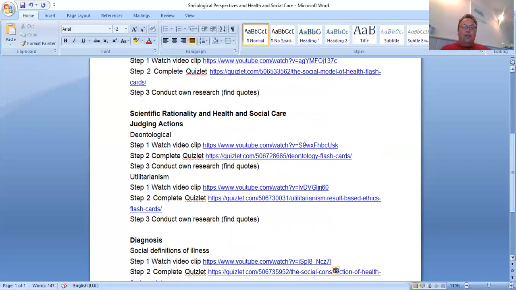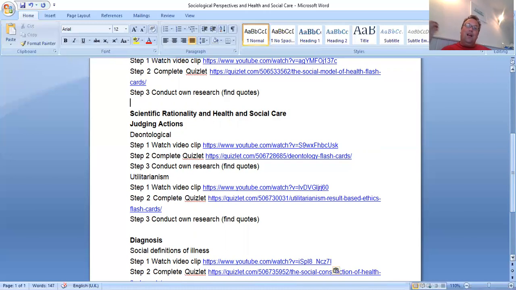In other words, a deontological approach to medicine would be one that states clearly that it is important to do the right thing every time, and that there is no justification of doing something wrong for the benefit of more. So do have a look at the video, work through the Quizlet exercise, do your own research to follow up on that.